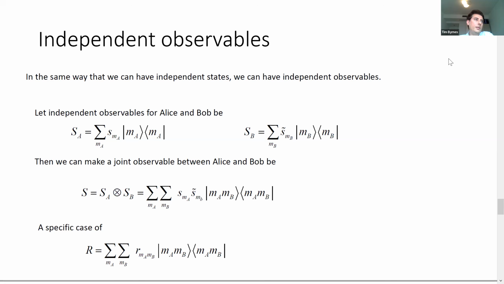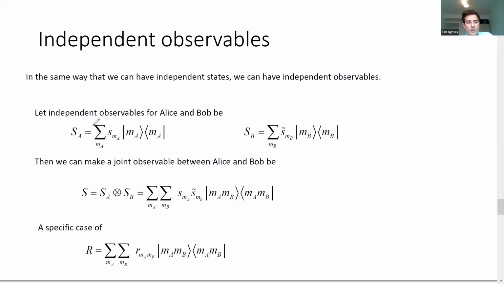If you can do independent measurements, then definitely you can assign observables on each side. So in this case, Alice, whenever she measures this state MA, assigns a value S to that case.